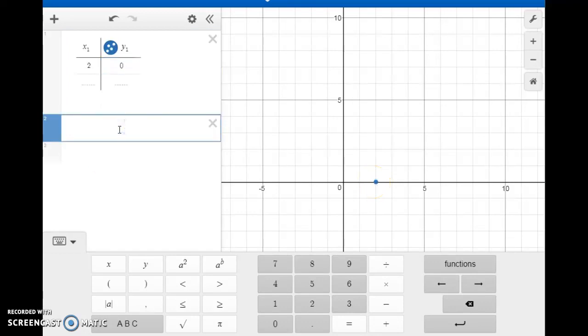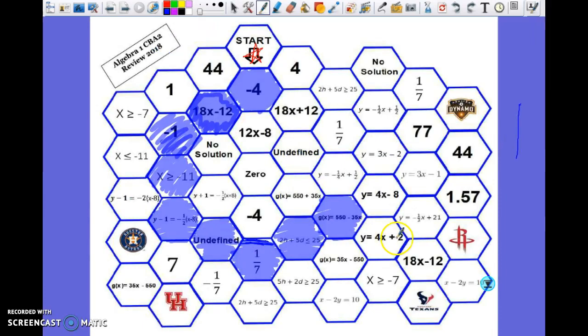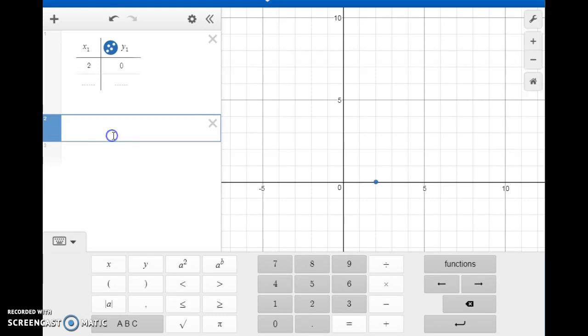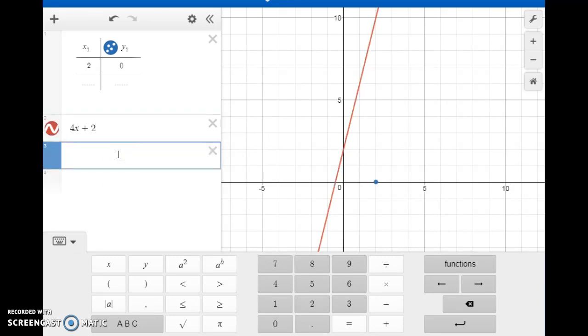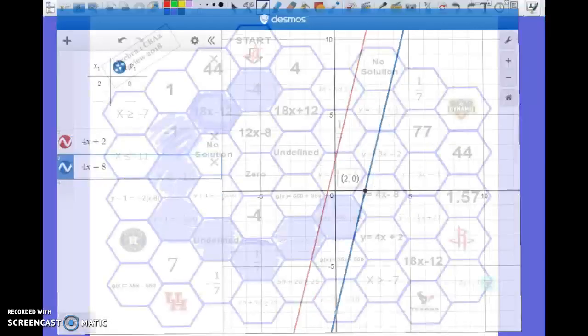Okay, and let's look at our equations. One of the options had to have been 4x plus 2 and 4x minus 8. So let's see which one's true. 4x plus 2. Does that touch that point? Nope. What about 4x minus 8? Does that one go through this point? Yes, it does. So it has to be that one.